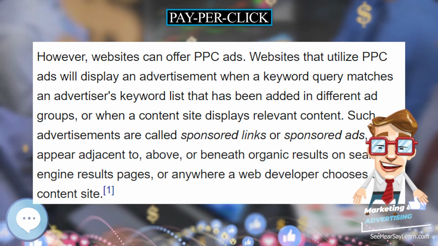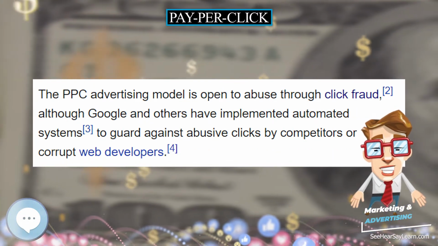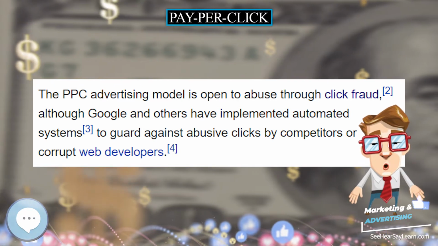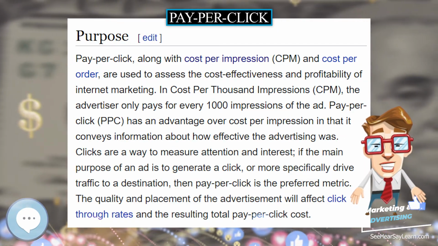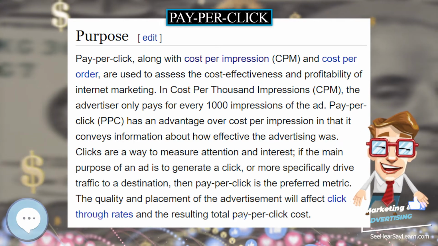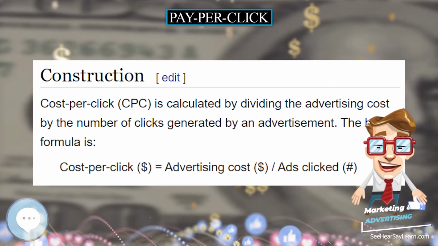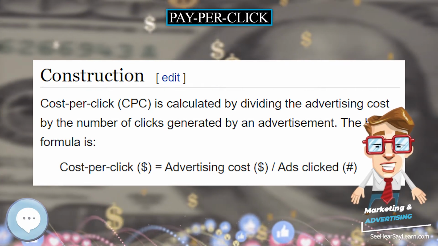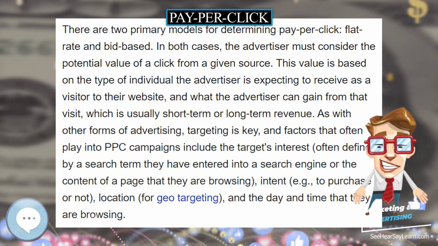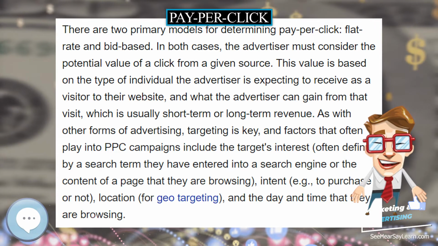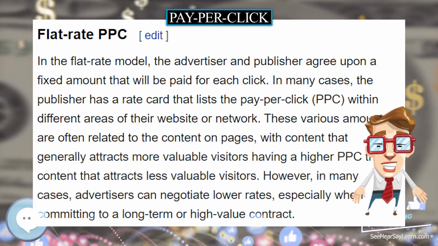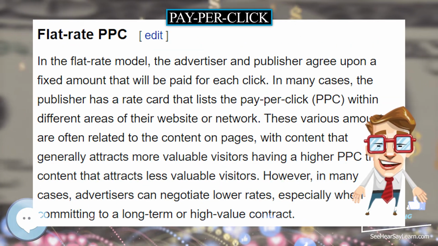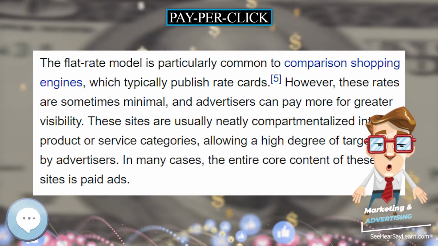Purpose: pay-per-click, along with cost per impression, CPM, and cost per order, are used to assess the cost-effectiveness and profitability of internet marketing. In cost per thousand impressions, CPM, the advertiser only pays for every 1,000 impressions of the ad. Pay-per-click, PPC, has an advantage over cost per impression in that it conveys information about how effective the advertising was.